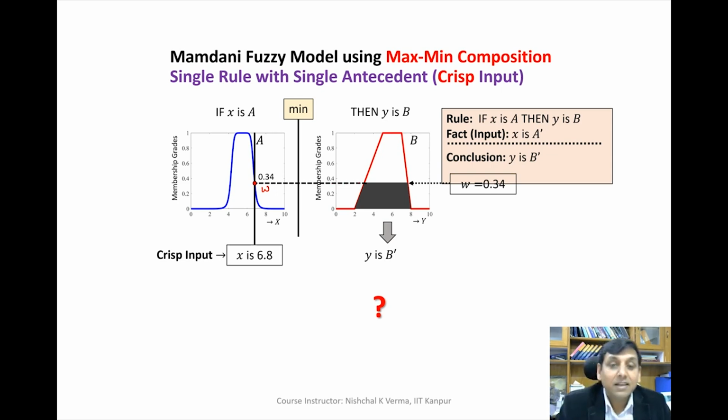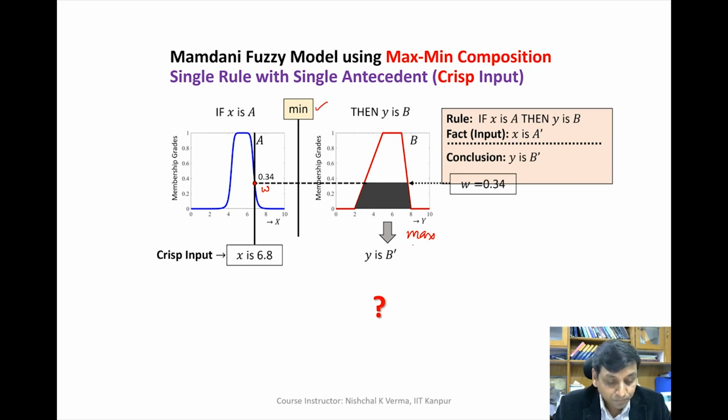And again, as I mentioned, since we are using max-min composition, we first take min and then we take the max. Max would have been applicable if we had multiple rules applicable, and the outputs of all these rules would have been aggregated, taken as the union of all these.